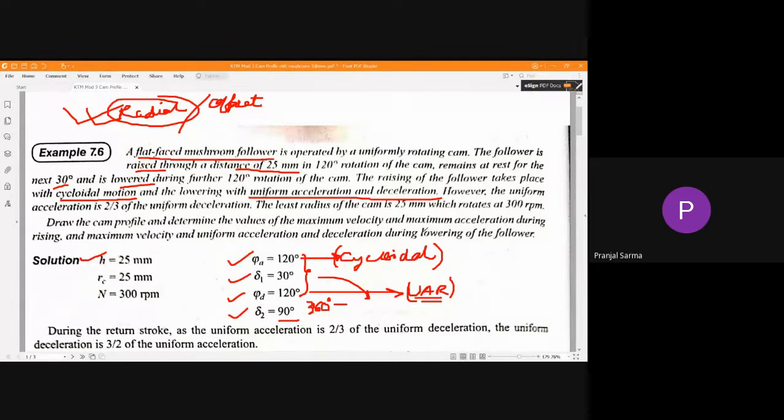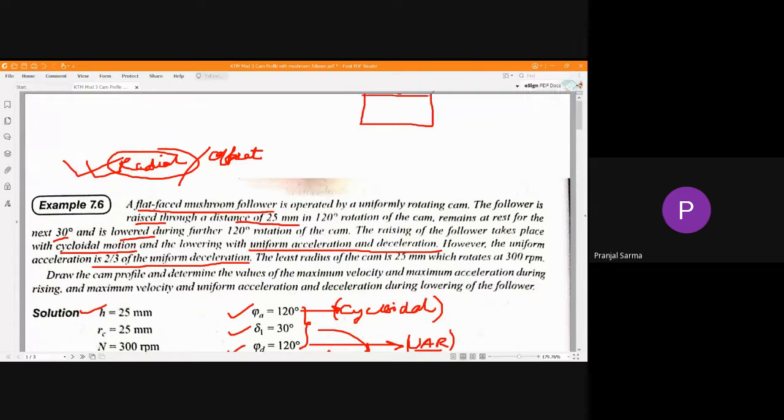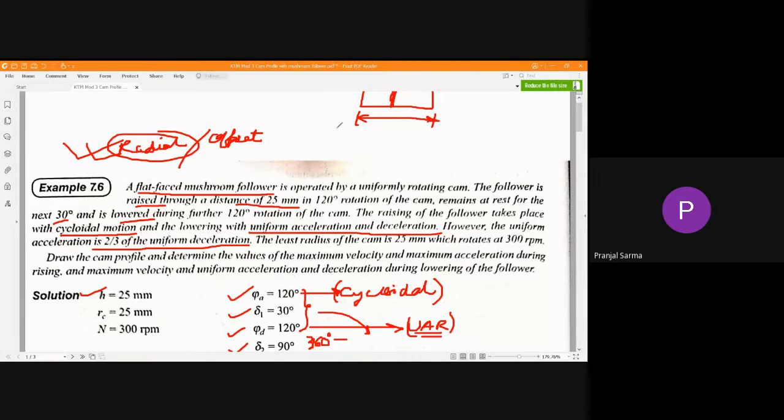After that it is given that the uniform acceleration is two-thirds of the uniform deceleration. Previously, if you can recall, we talked about normal uniform acceleration and retardation where, considering any one whole stroke, 50% of the stroke was with uniform acceleration and 50% with uniform retardation, if nothing is specified.